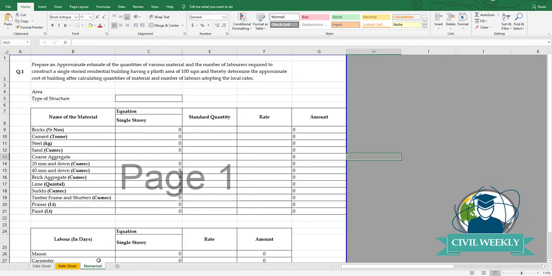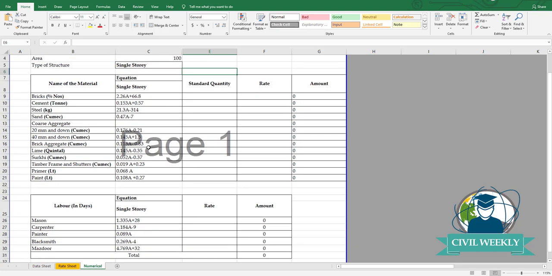So we will type the area, that is 100 meters square, and select the type of structure as a single story structure. Once I select it, it will give me all the equations.